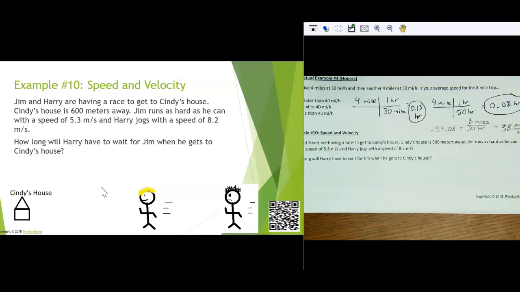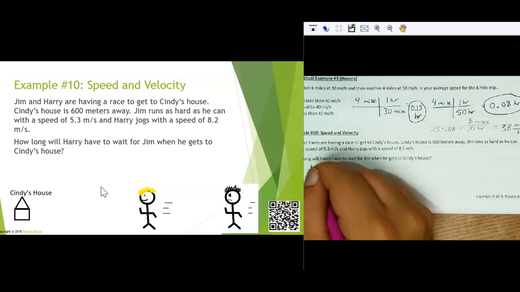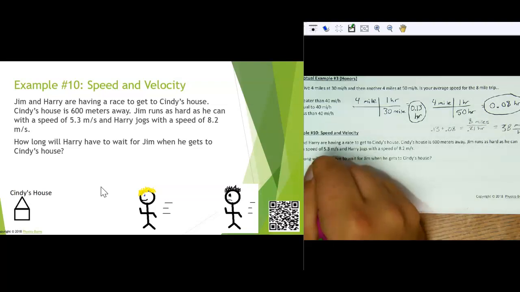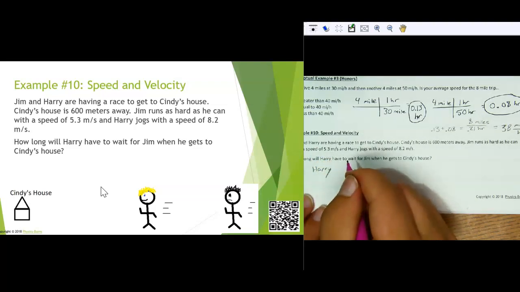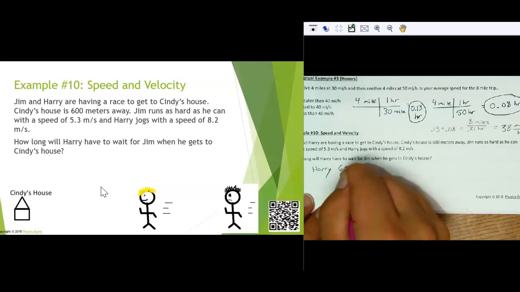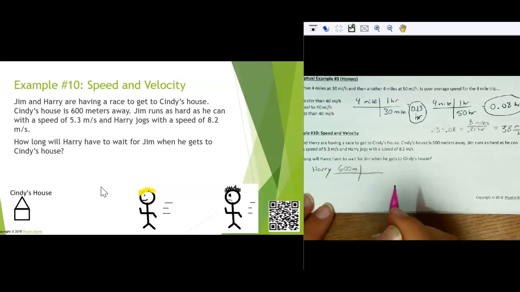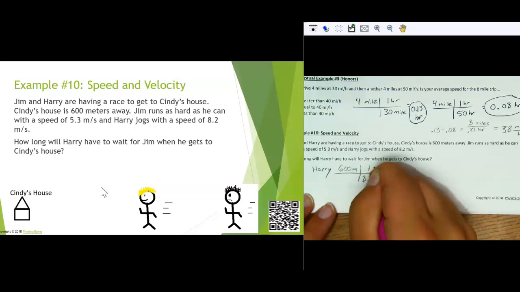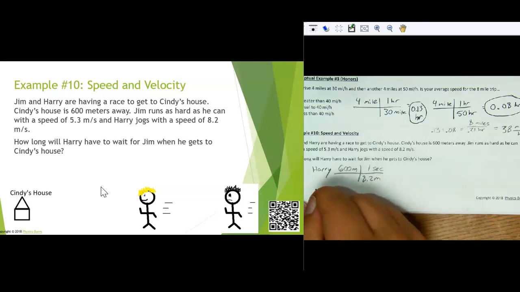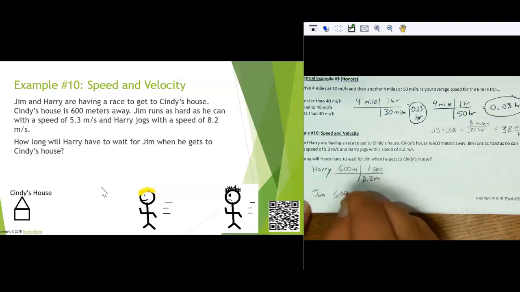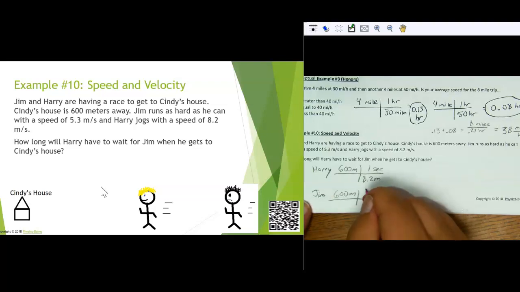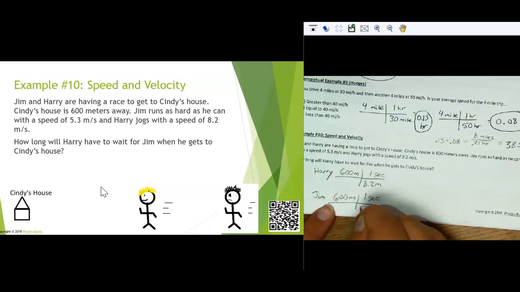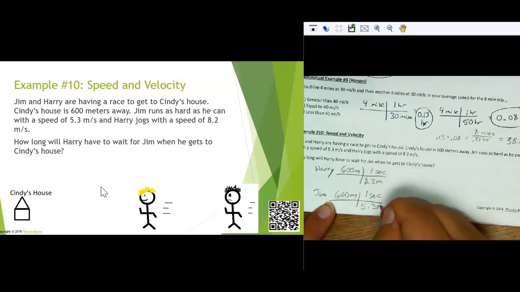What it looks like is Harry travels 600 meters at a rate of 8.2 meters per 1 second, where Jim travels the same distance, 600 meters, but at a rate of 5.3 meters per second.